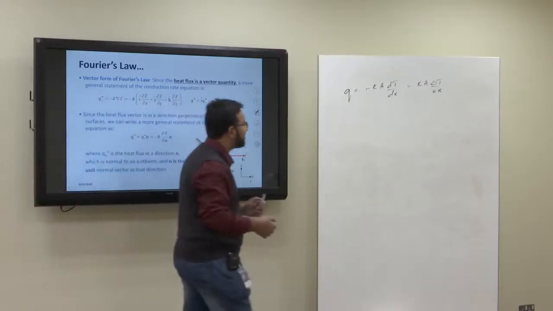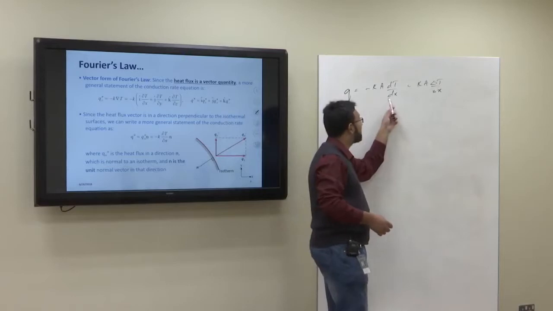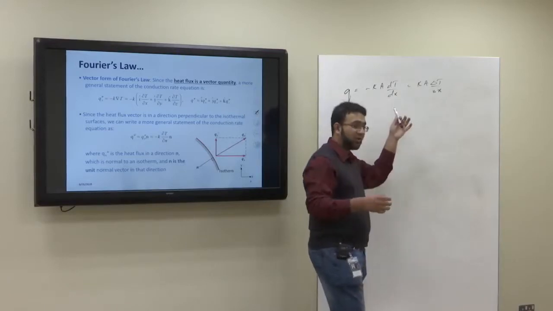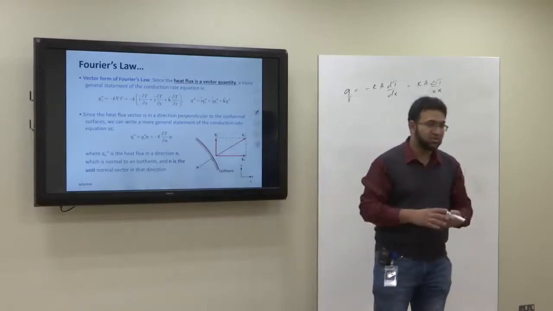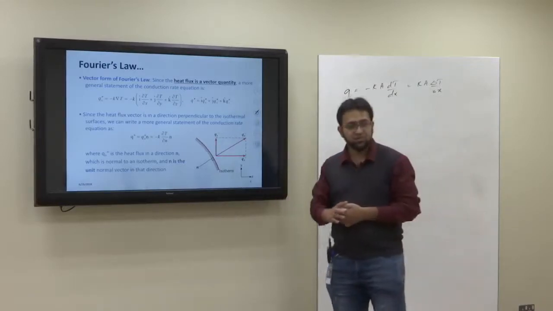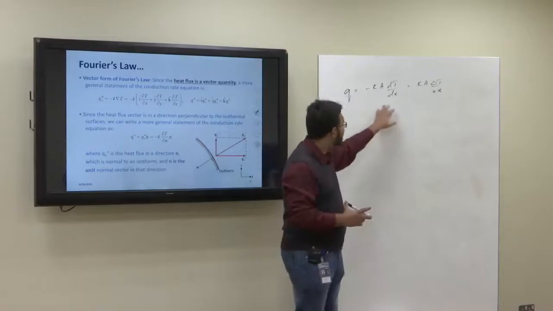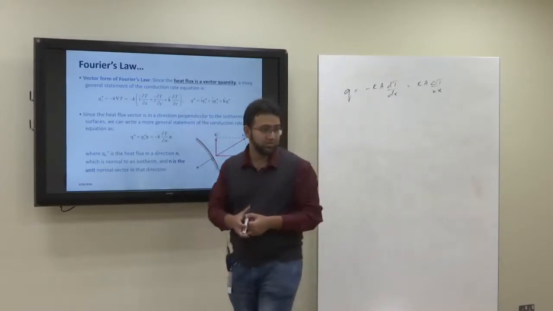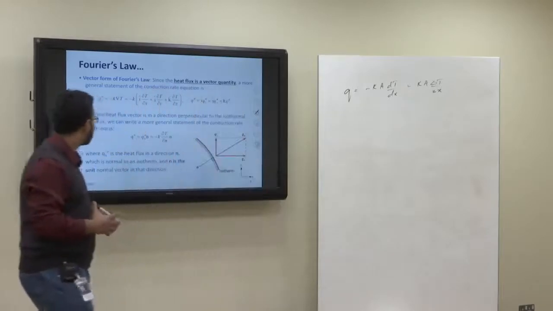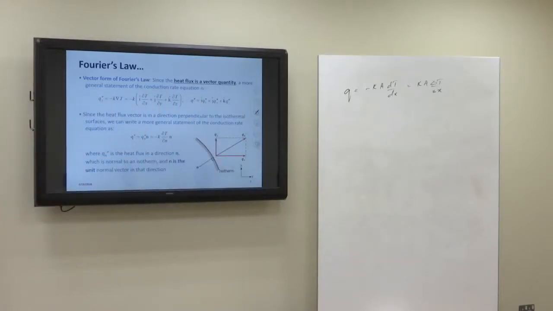It's not necessary that the change in temperature is along the x-axis only. Maybe the change in temperature is along the y-axis as well as along the z-axis. If it is one-dimensional, then it is like this, but we have the possibility of 3 dimensions. Since we are developing the generalized equation, we have to work in 3 dimensions.